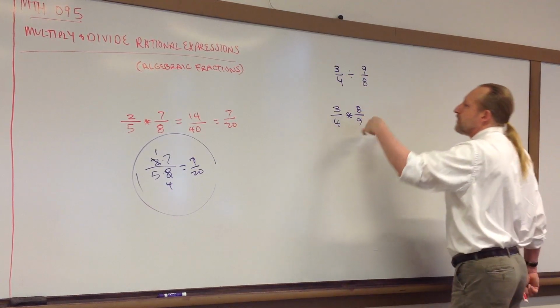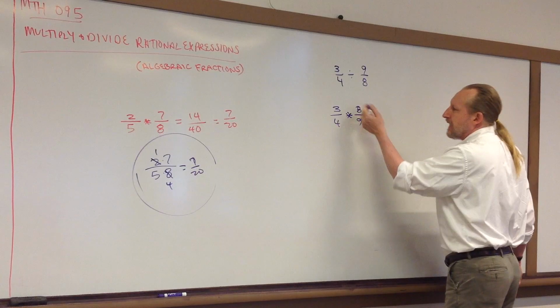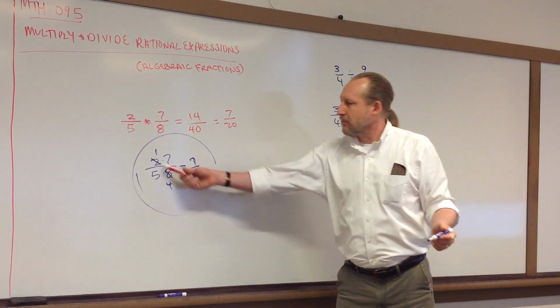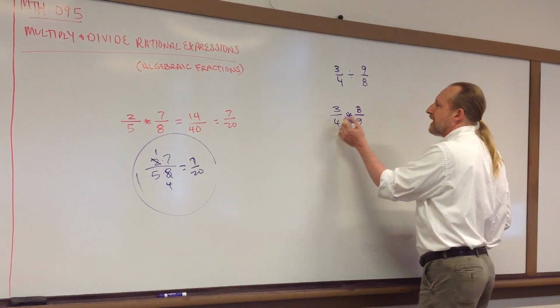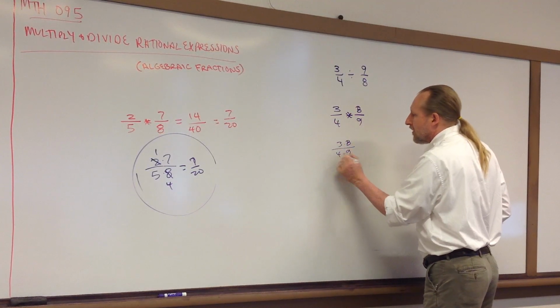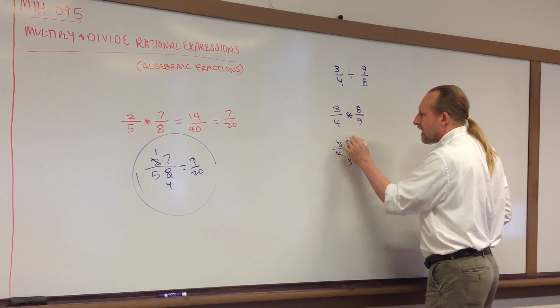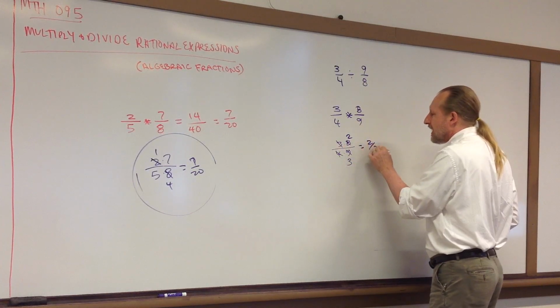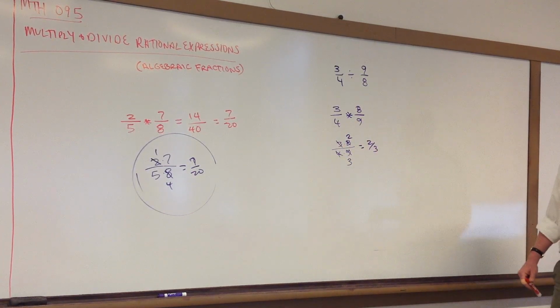So we're going to multiply by the reciprocal here. Again, now this is just a multiplication problem, and we want to look to cancel if we can. Anything on the top can cancel anything on the bottom. So the 3 will cancel with the 9, the 4 will cancel with the 8. We'll end up with 2/3.